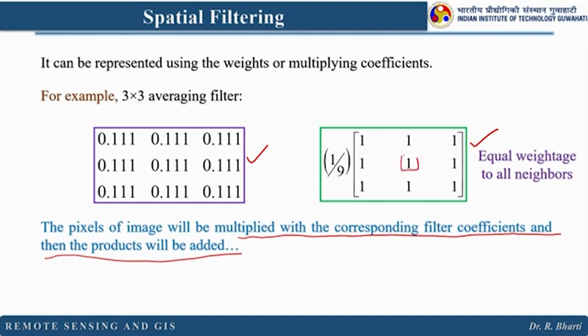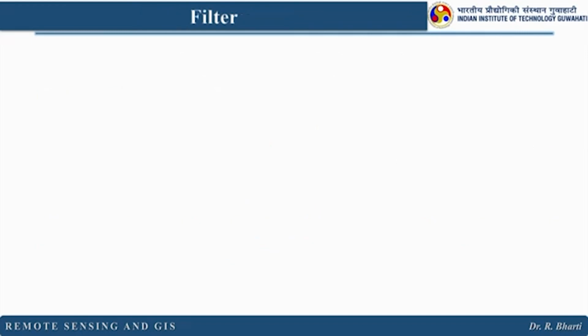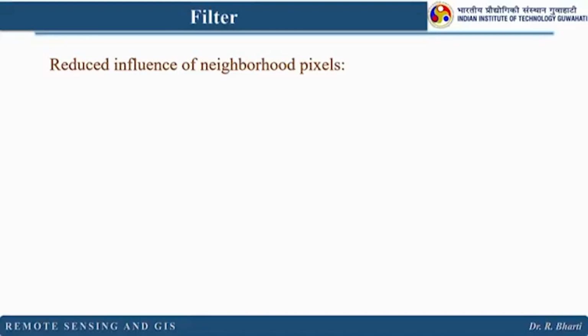In this case, this is the central pixel, these are weights and multiplying coefficients, and your image DN values will be different. In the previous case, we gave equal weightage or multiplying coefficient to all the neighboring pixels. But what happens when I want to change the weightage? That gives reduced influence of neighborhood pixels. This is very important because we don't always go for averaging.